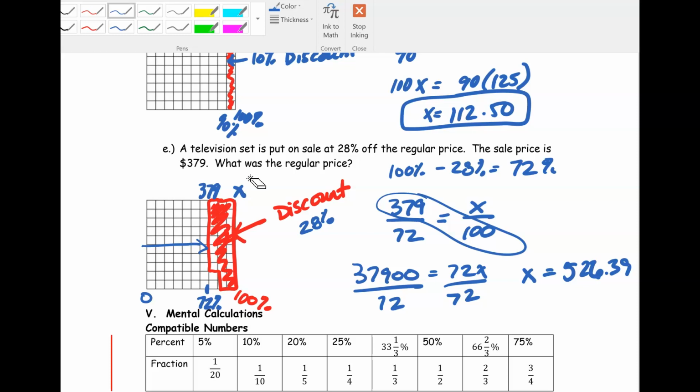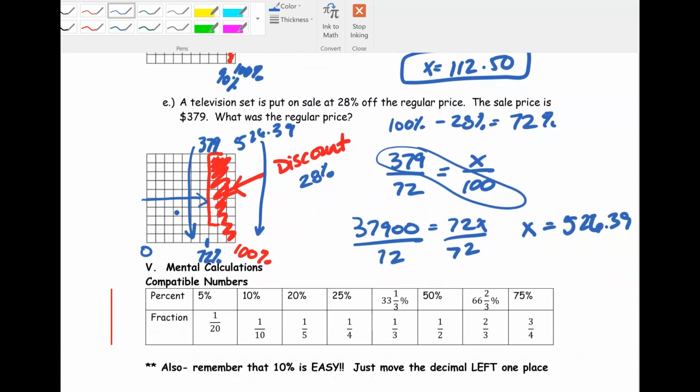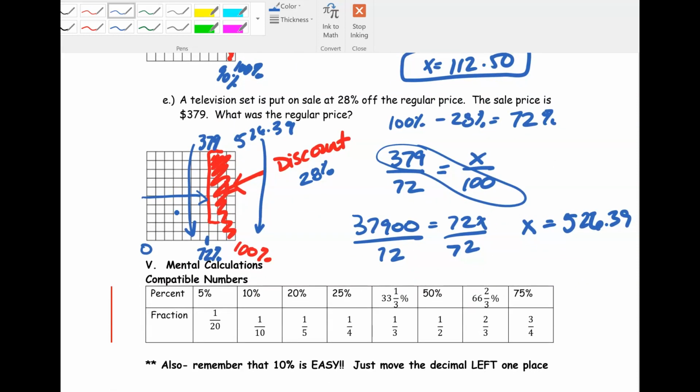And then always ask yourself, does this make sense? So I think that does make sense because it's bigger than 379. Okay. And, by eyeballing it and just saying, oh, it's bigger, that's not a great check, but it's better than nothing. A lot of times that alone can help find some mistakes.